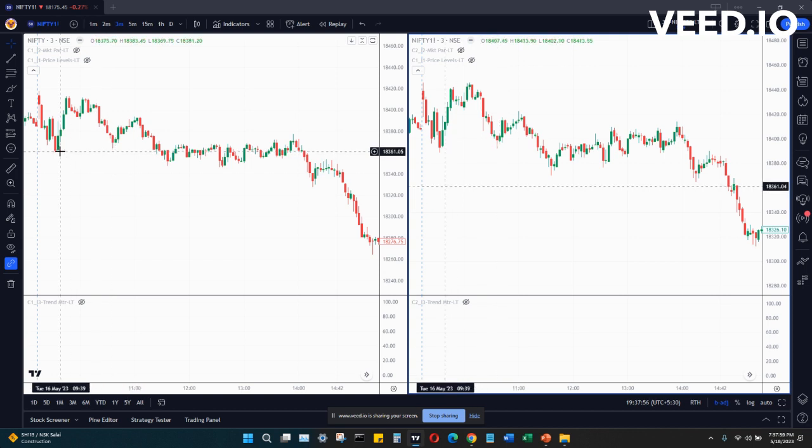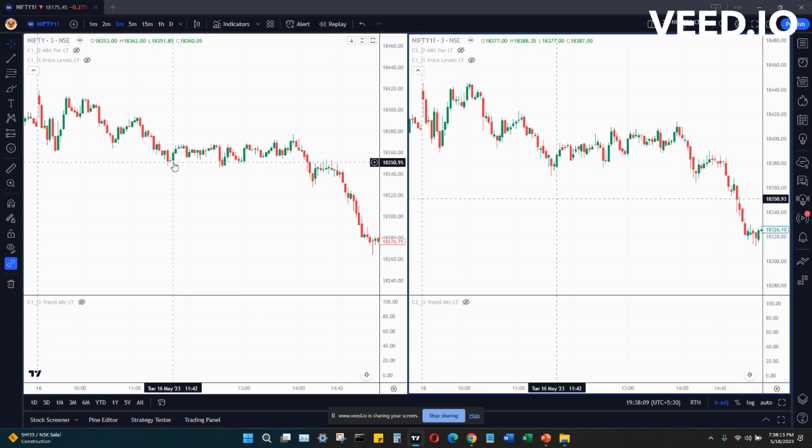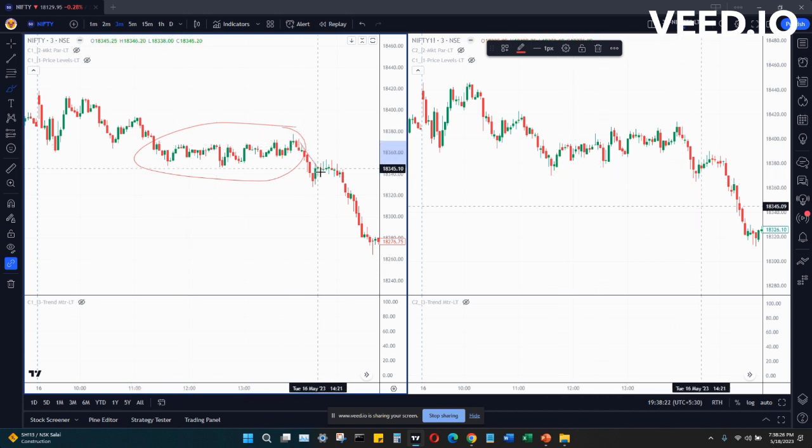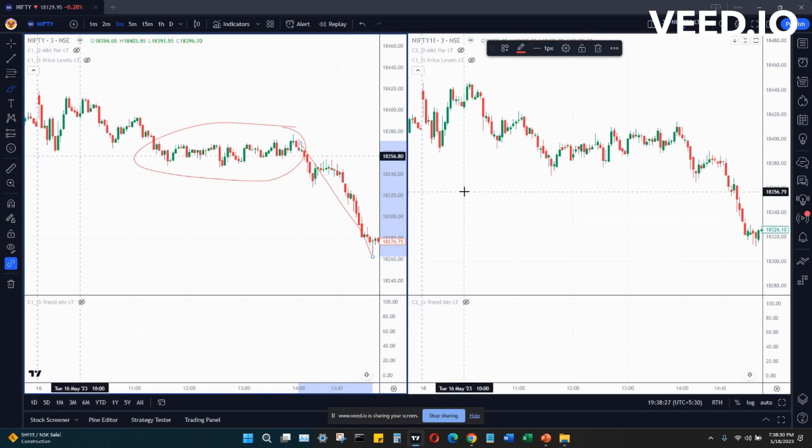We usually derive the morning range, which is between 9:15 and 10 o'clock, which is right here, the high and the low. And the price went even way past the morning range, and there was a huge consolidation around noon. Then post this consolidation, which is around this morning range's low, the price made a firm fall. So that was the price action.